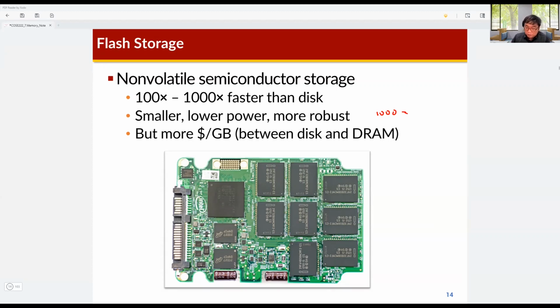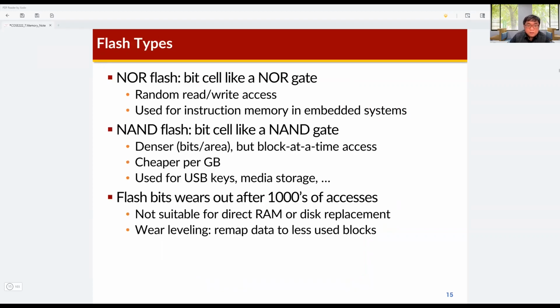So this figure shows the photo of the SSD. Then you can find that these are the flash memory packages. And there are different kinds of flash memories like NOR flash or NAND flash. We frequently use NAND flash as the storage media of the SSD.